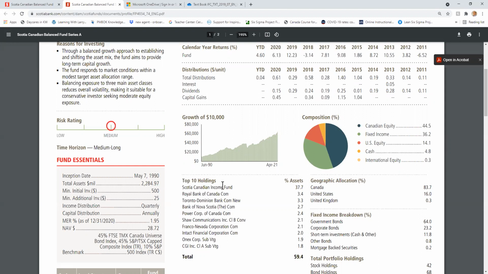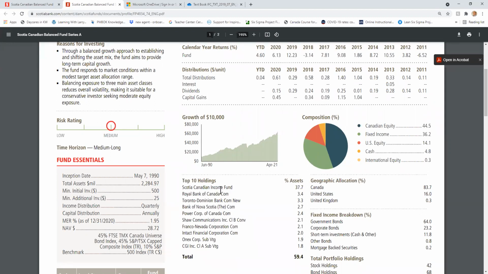Shares of Canadian Income, Royal Bank. This income fund is the Canadian bond fund, which has bonds in it. So 37% of the money is actually invested in their own fixed income mutual fund, and the rest are shares. That is mainly the fixed income portion.